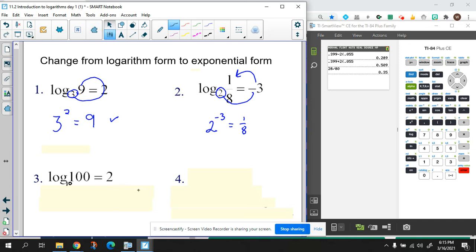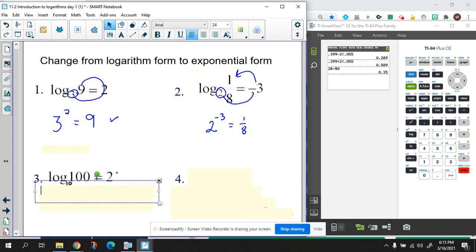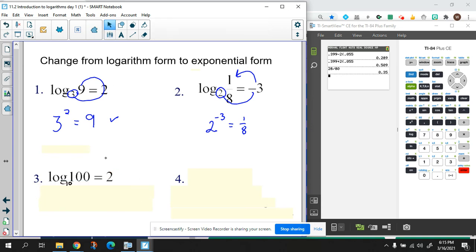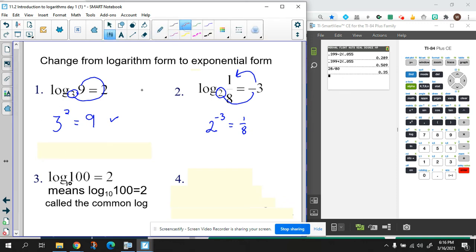So this is actually given a very special name called common log. When there's no number there, it means there's a 10, and it's called common log. So the way to rewrite it in exponential form then would be 10 raised up to the second power should equal 100. 10 squared equals 100.